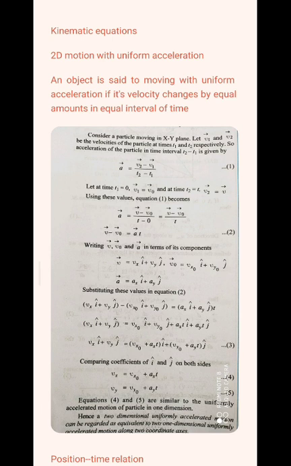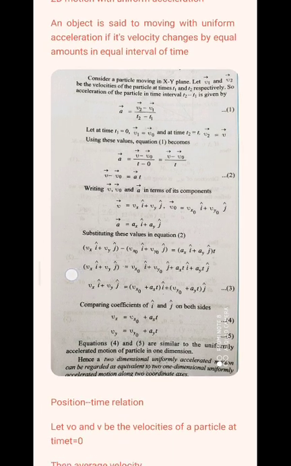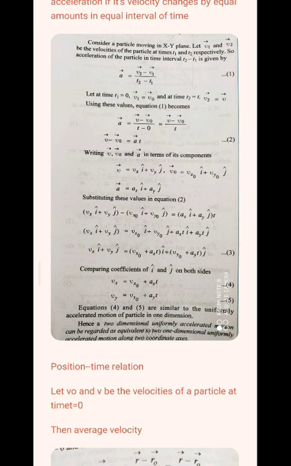In motion along a straight line, we write v is equal to v0 plus at, where v is the final velocity, v0 is the initial velocity, and a is the acceleration. We can now write it in components. So this is the part where it differs from motion along a straight line.